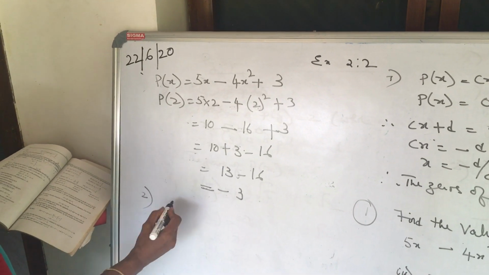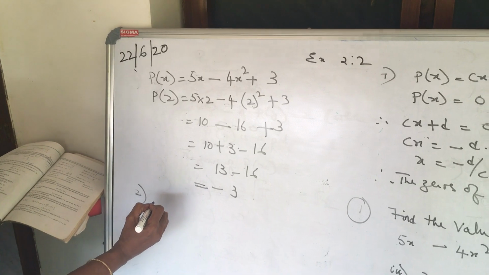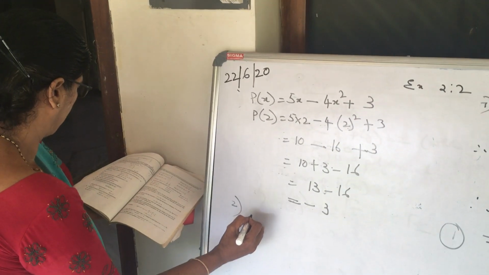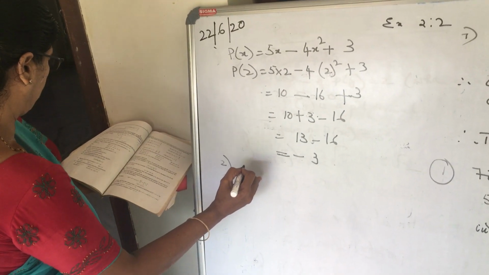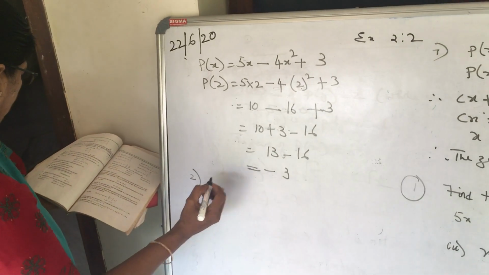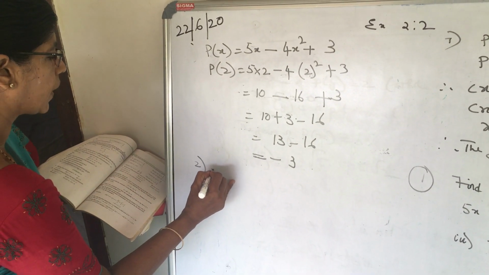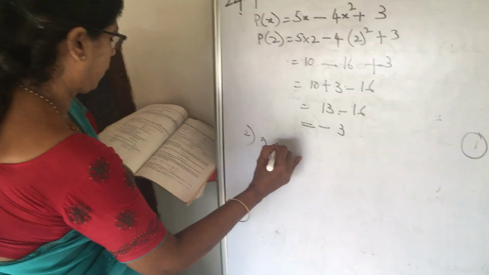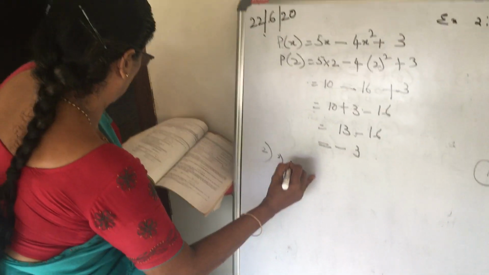Second sum, children. Given the polynomials, you are asked to evaluate P of 0, P of 1, P of 2. I am doing the fourth bit.